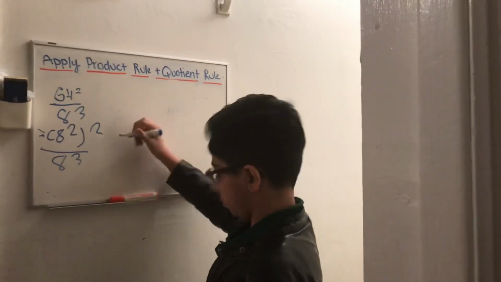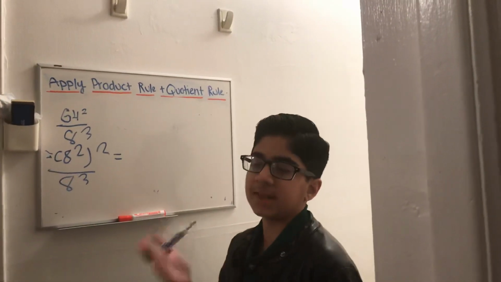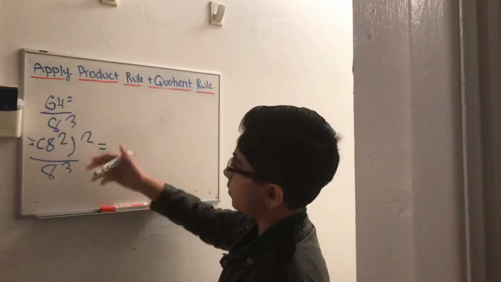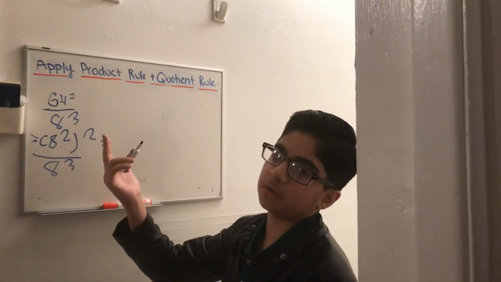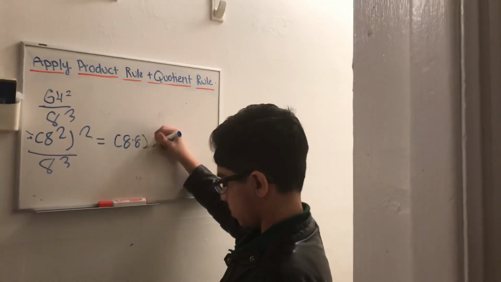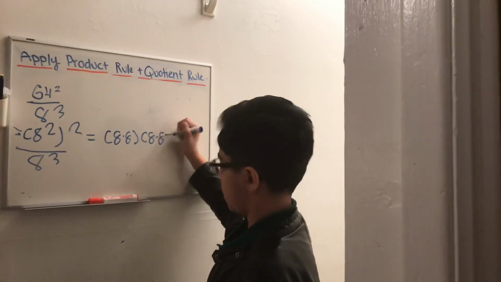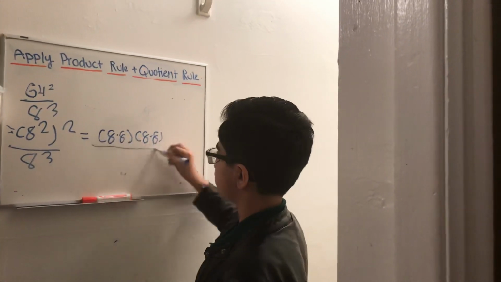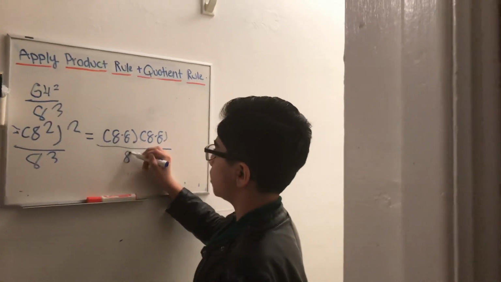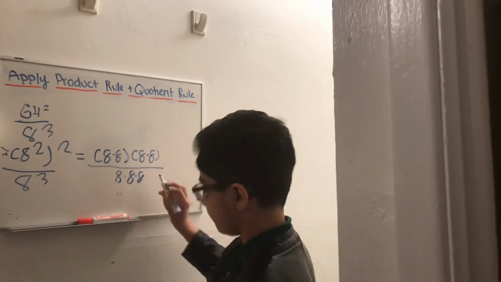Essentially, what you want to do here is break this down even further. So 8 to the power of 2, as you all know, is 8 times 8, over 8 times 8, over 8 to the power of 3, which is simply 8 times 8 times 8.